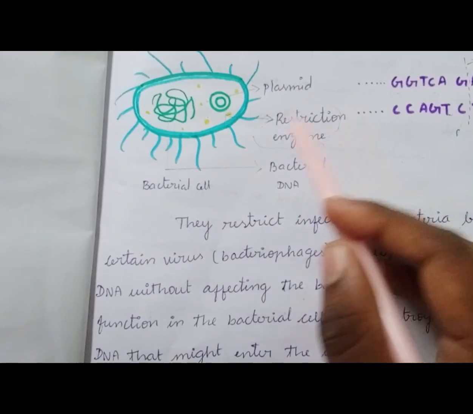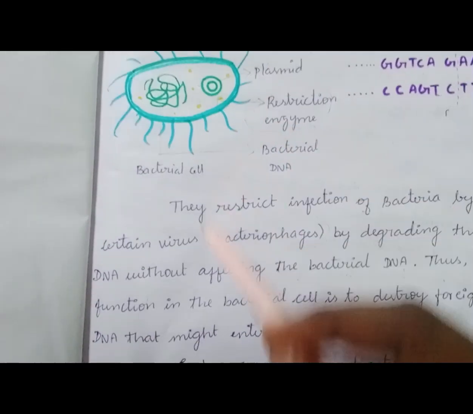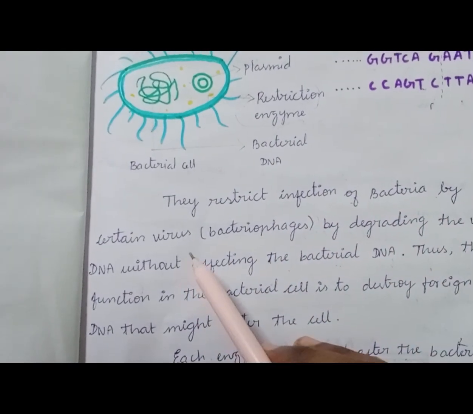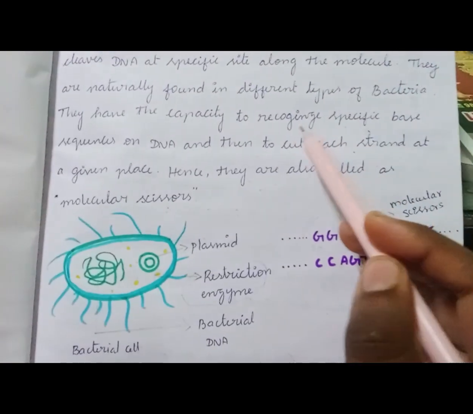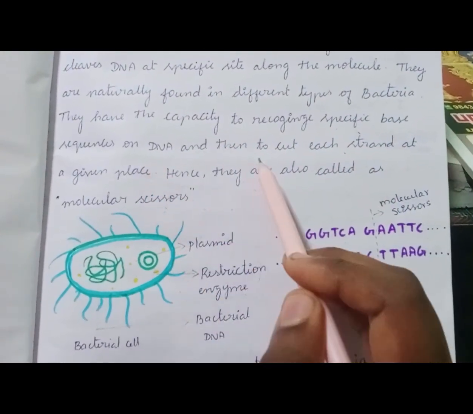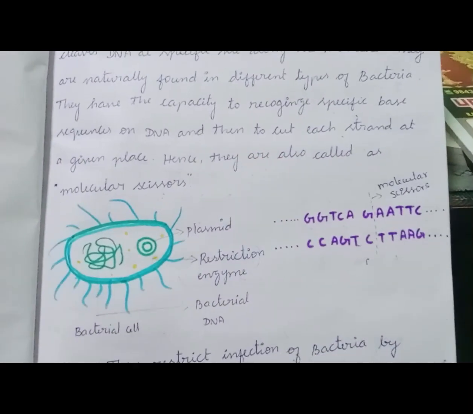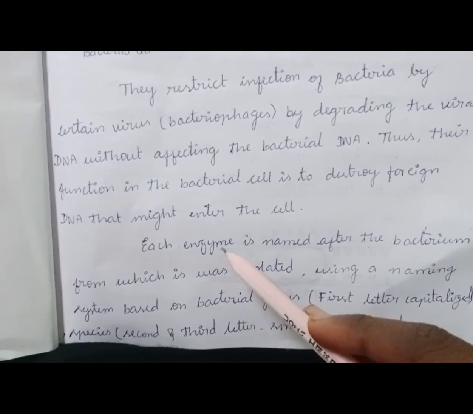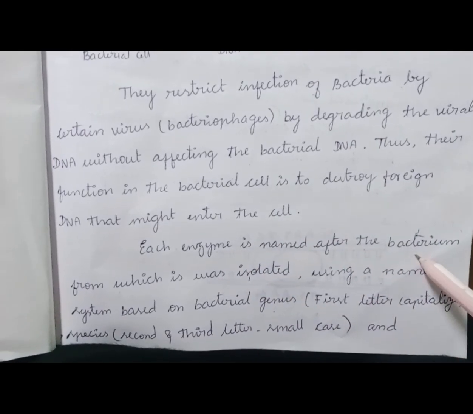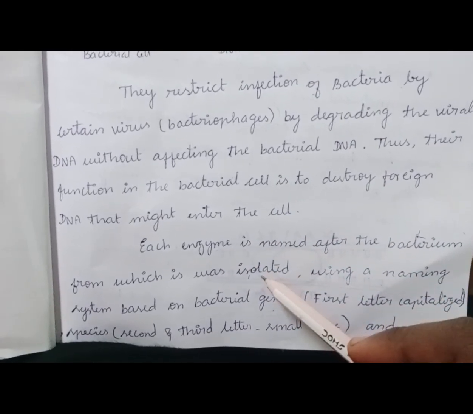Restriction enzymes play two major roles. One is to restrict infection of bacteria by certain viruses, and the other is to recognize specific base sequences on the DNA and cut them. Each restriction enzyme is named after the bacterium from which it was isolated.